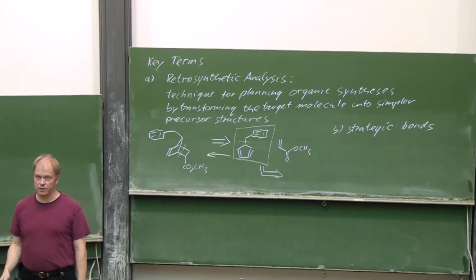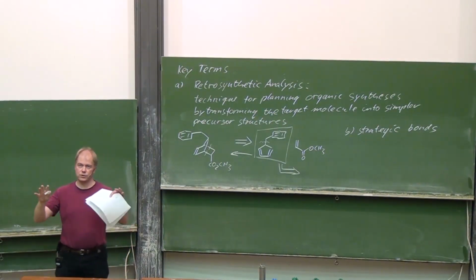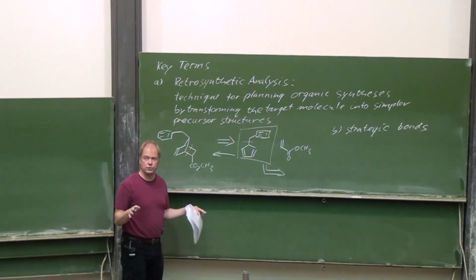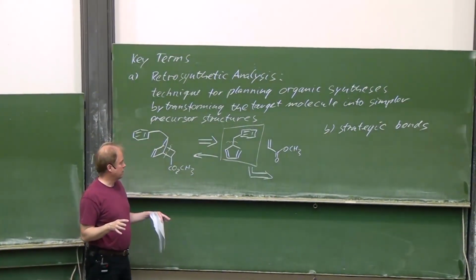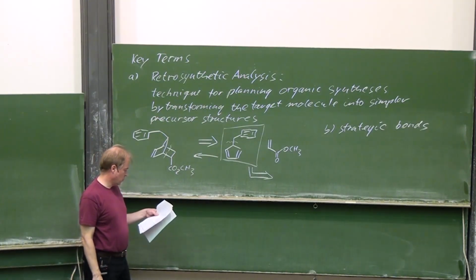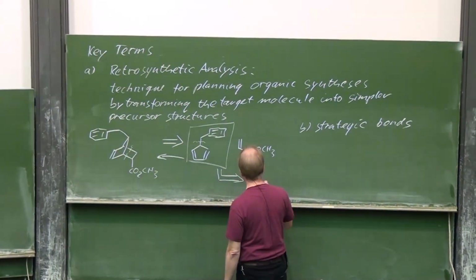This is then a strategic bond because we have then two parts approximately the same size. This is usually a rather good idea. So, and well, this is also rather easy.